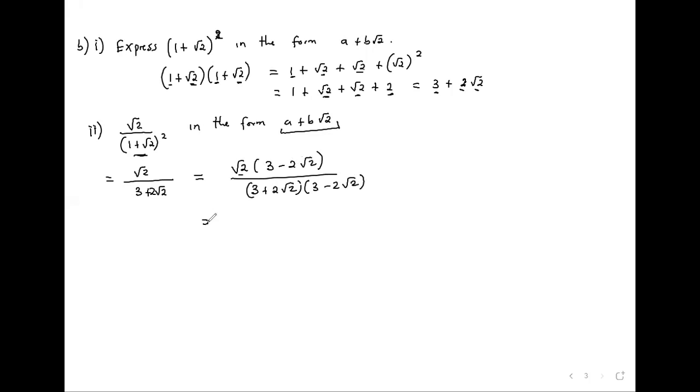So you say root 2 times 3, you get 3 root 2 minus 2 root 2 times root 2, over 3 times 3, we get 9 minus 3 times 2 root 2 plus 3 times 2 root 2, minus 2 root 2 multiplied by 2 root 2.